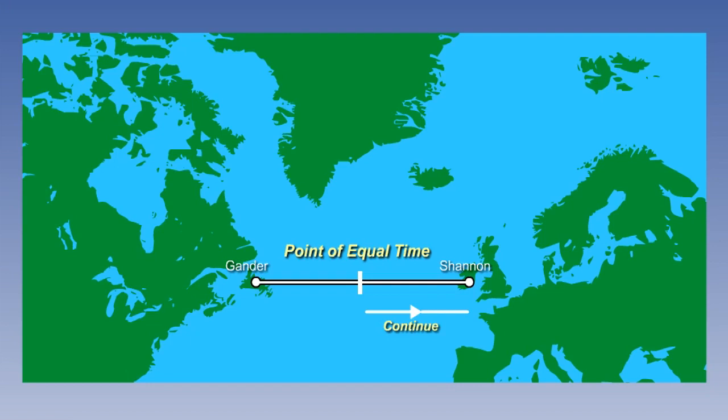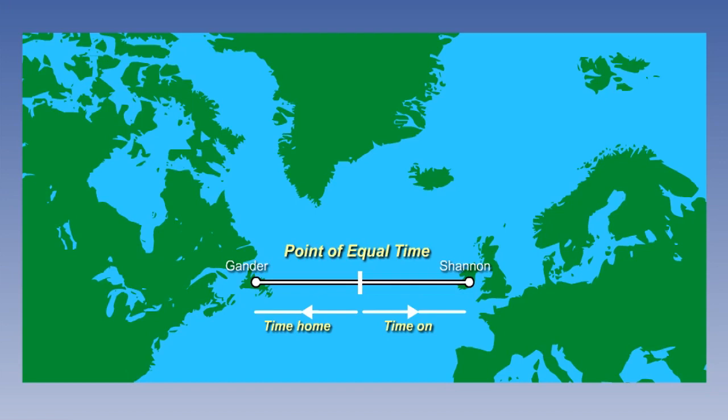Therefore, if an emergency takes place after the PET, it is quicker to go on. And if before the PET, it is quicker to return. The point of equal time therefore occurs when time on equals time home.